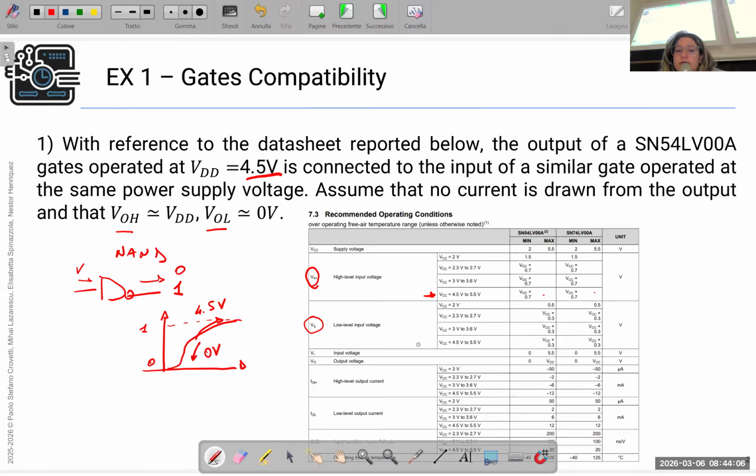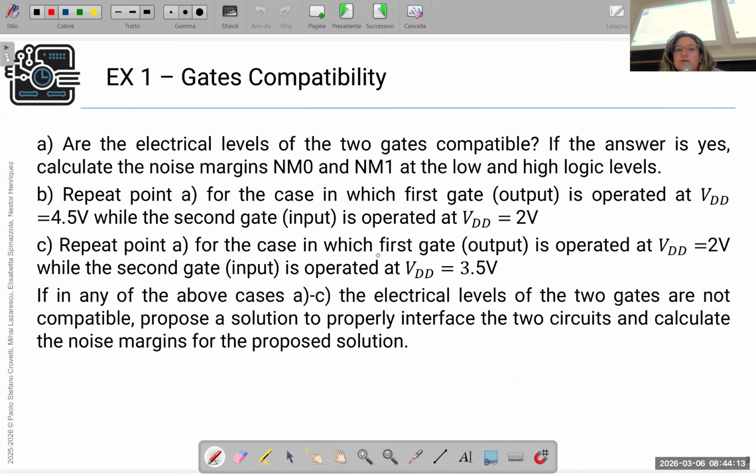So, in this case, we can go on and see what the exercise asks. Are the electrical levels of the two gates compatible? If the answer is yes, calculate the noise margins M0 and M1 at the low and high logic level.